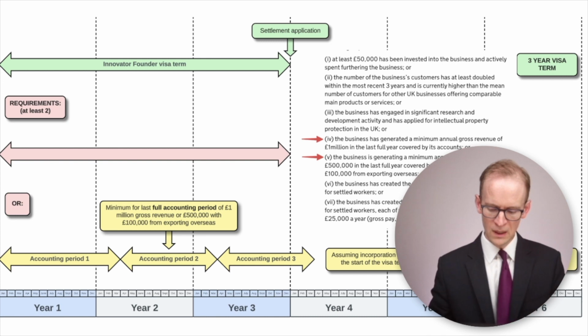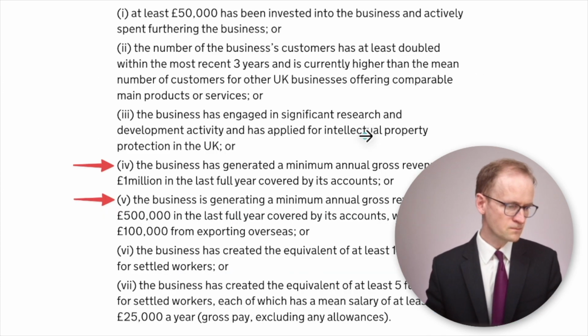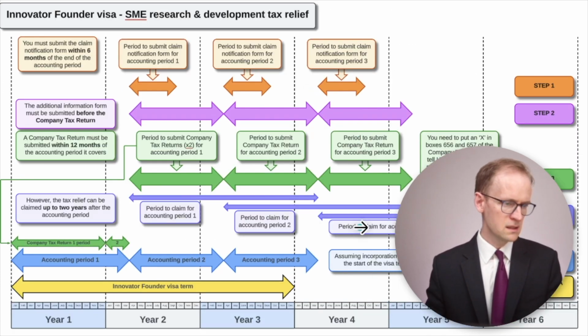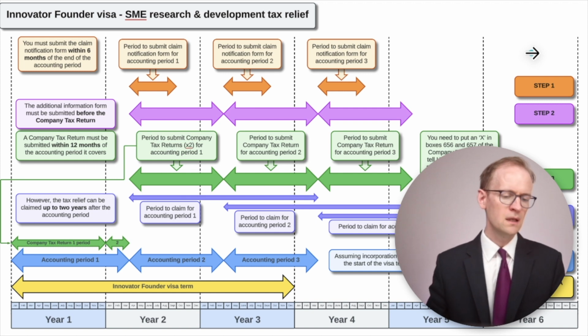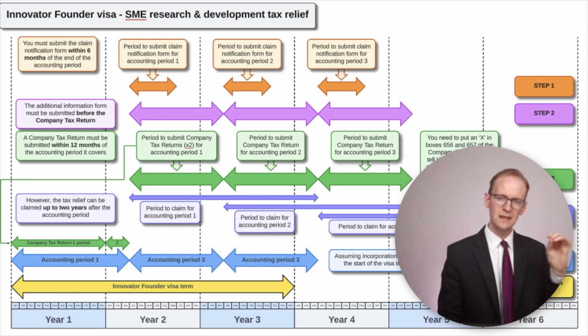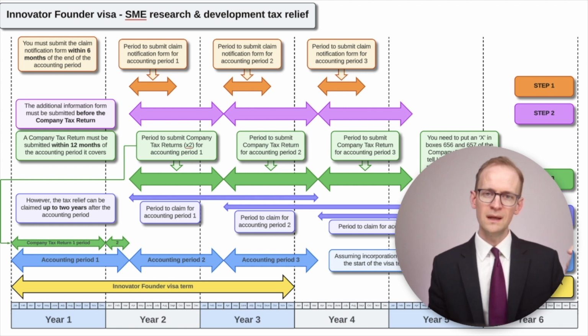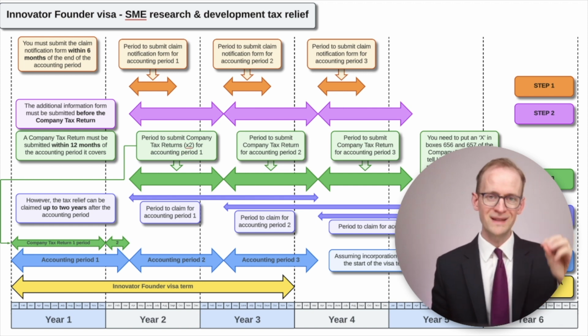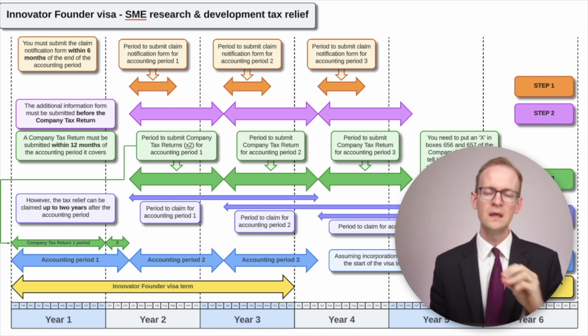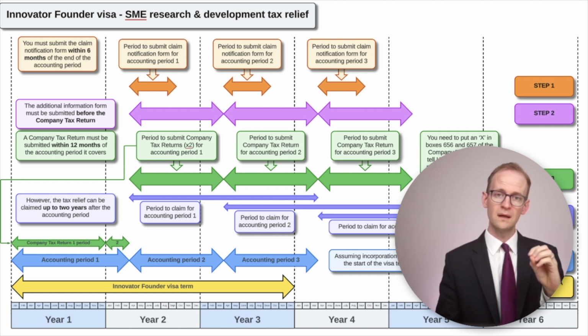I hope that's helpful. The other key timing consideration, as I say, is to do with R&D. The R&D part of things is getting more challenging. I showed you in a previous video that the R&D, at least the way they interpret the legislation under the Innovator Founder visa for R&D, is quite strict.